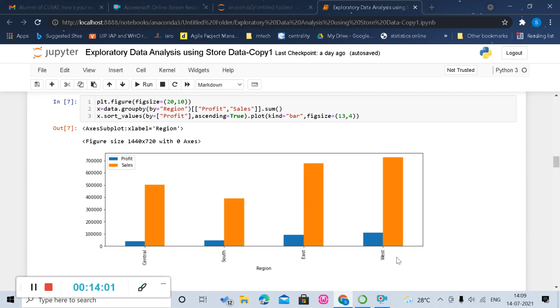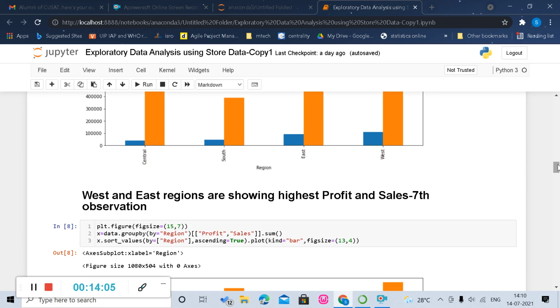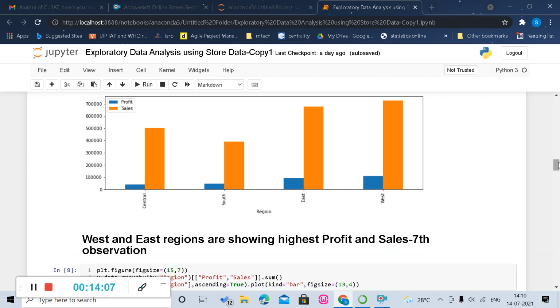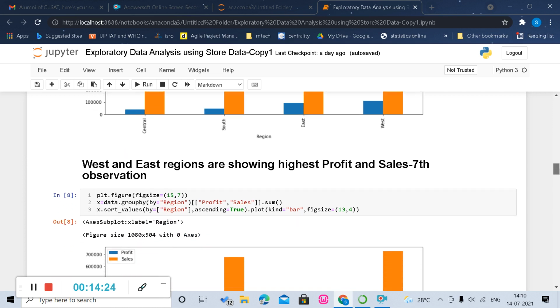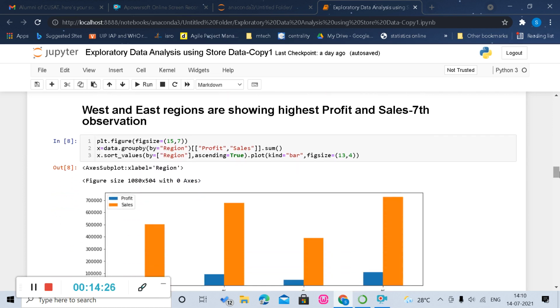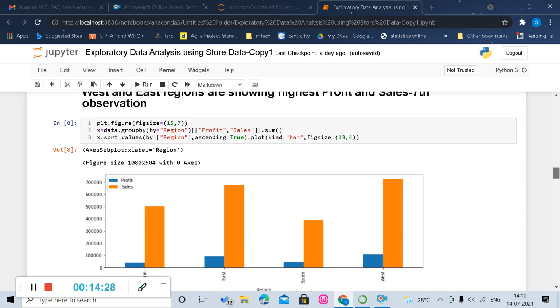But you can say west has the highest sales and highest profit. So you can find some methods to increase the sales and profit in this particular region more, and also try to improve the sales and profit in the rest of the regions, like central and south especially. West and east regions are showing the highest profit and sales. So that was the next observation.